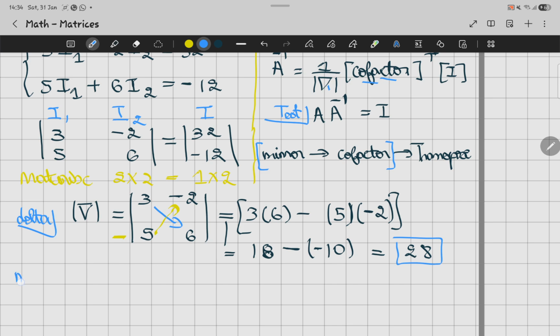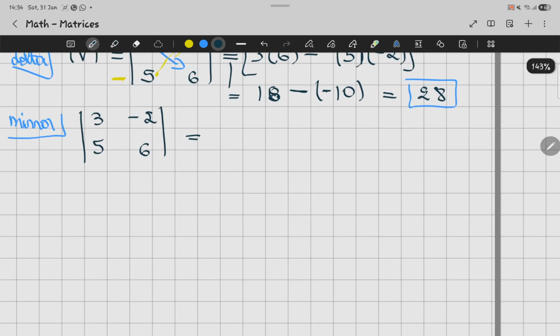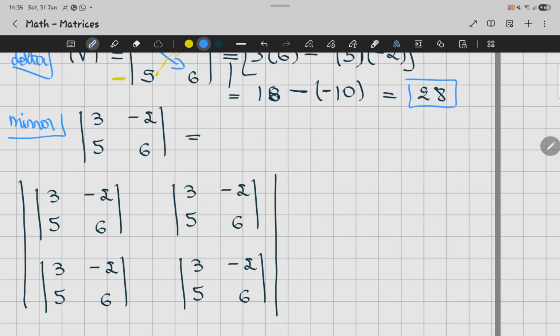Okay, now let's look for the minor. Let's just keep on calculating what we need. This is the minor. In order to get that minor, we're going to write down our equation, and in order to get the minor, we need to solve for the first one, second, third, and fourth.